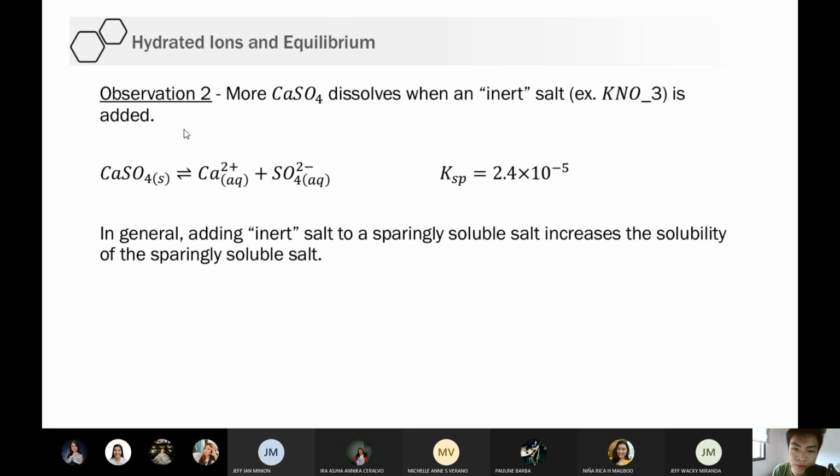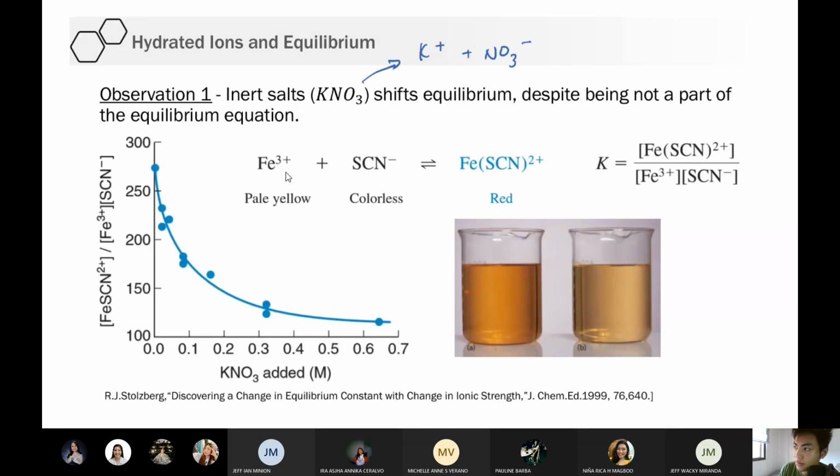So that's one of the biggest questions analytical chemists had before. Why is it that when we add inert ions to our equilibrium systems, the equilibrium constant is being shifted? That puzzled them. In the first example, the equilibrium is shifted to the left because the addition of inert salt reduces the equilibrium constant.